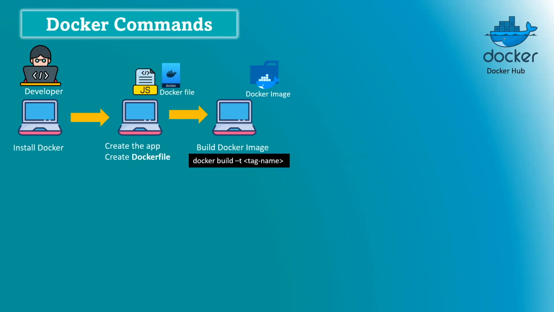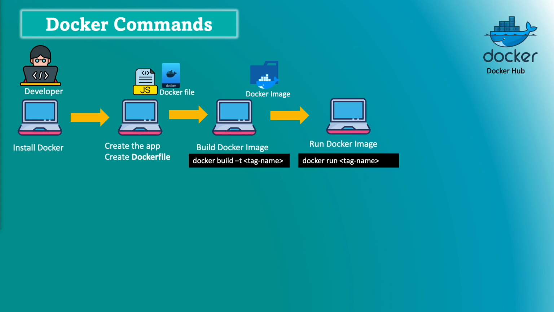In this process, the developer will use the docker build command and specify an image tag name. This will be the custom Docker image, and the user can provide any name that he or she wants. Once the Docker image is created, to test the functionality, the developer will run the Docker image, which will generate a custom Docker container. The developer will use the docker run command with the image tag specified in the previous step.